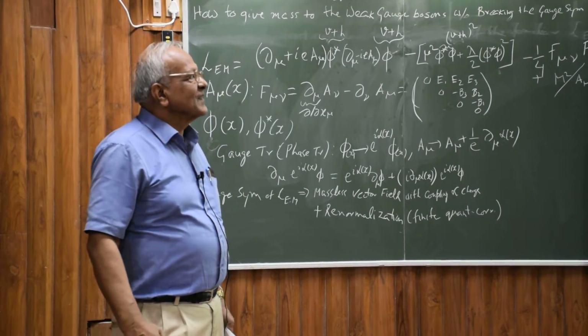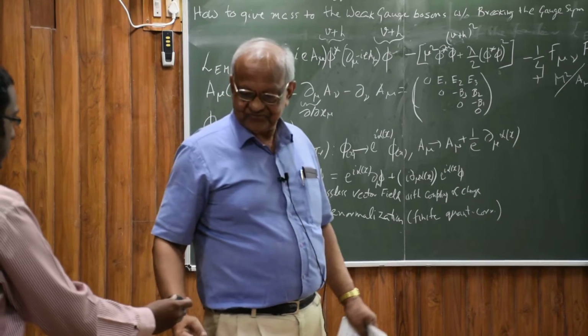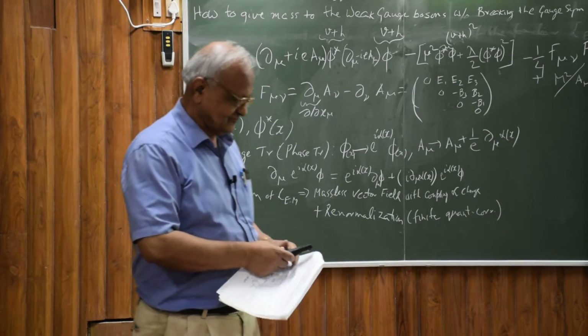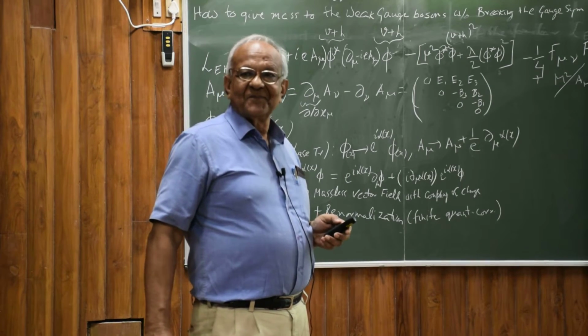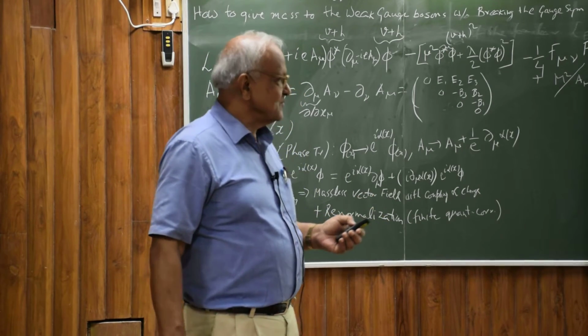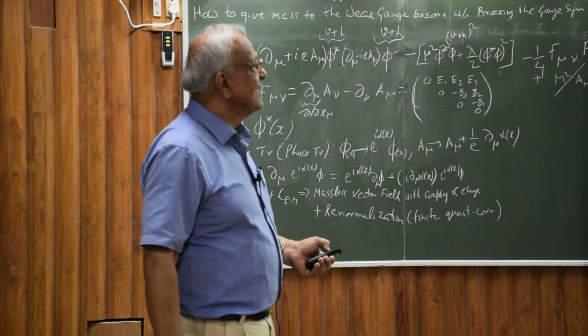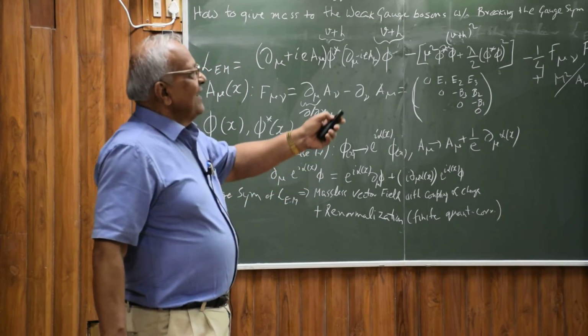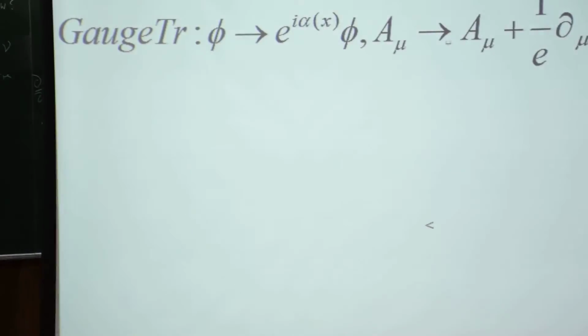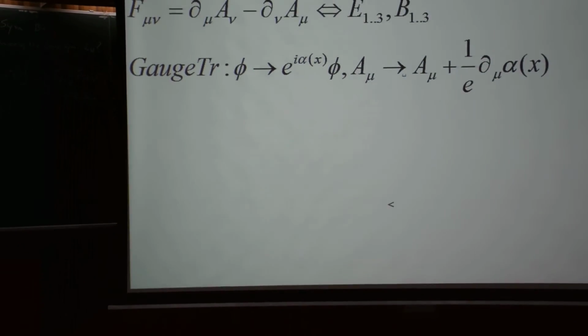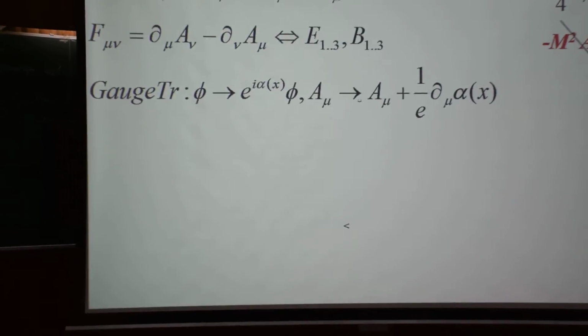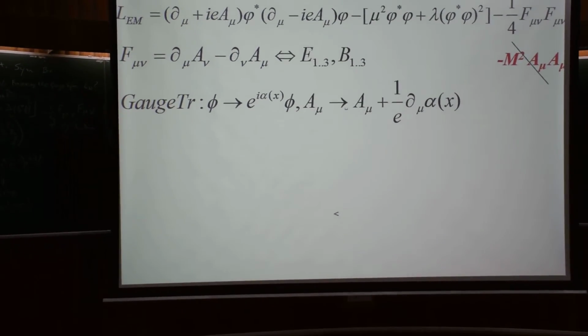So why LHC? We need LHC to look for the Higgs boson. I have already done this on board starting from the electromagnetic Lagrangian. I am simply repeating what I have done on board.